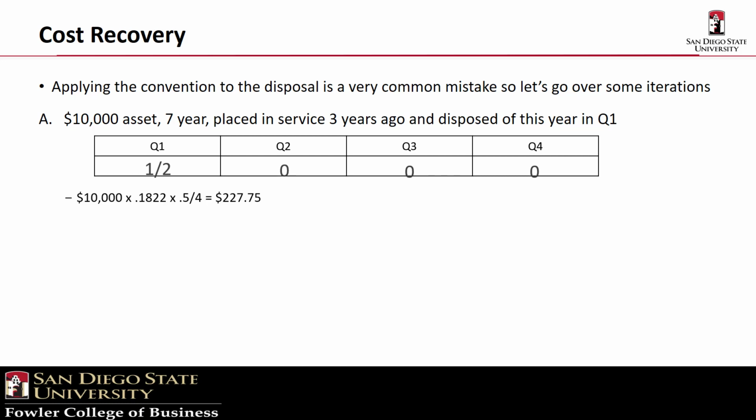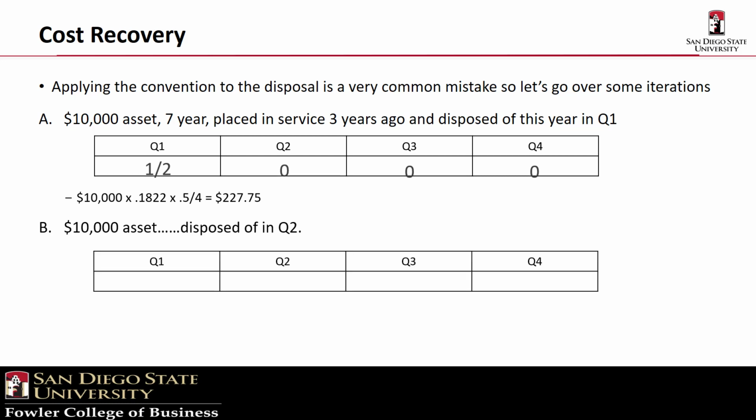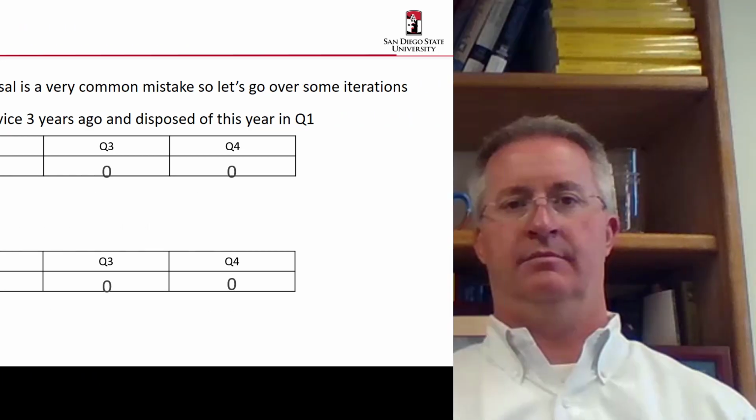If we had instead disposed of the asset in the second quarter, then we get a full quarter for the first quarter, 1/2 a quarter for the second quarter, and of course none for the third and fourth quarters, which is 1.5 divided by 4 quarters. And we can do this for each quarter if there's a disposal in that quarter.